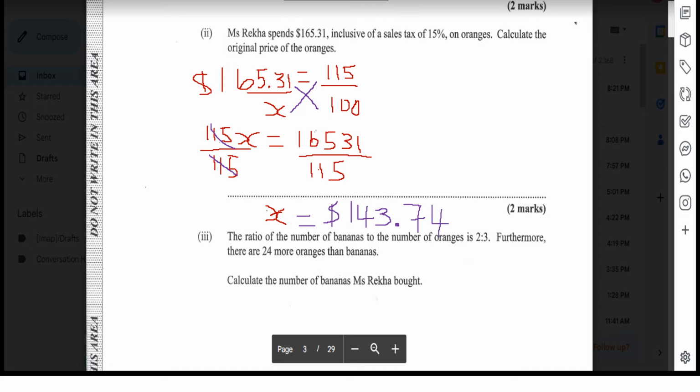So that's the original price of the oranges before it was increased to 165.31 by a sales tax of 15%.